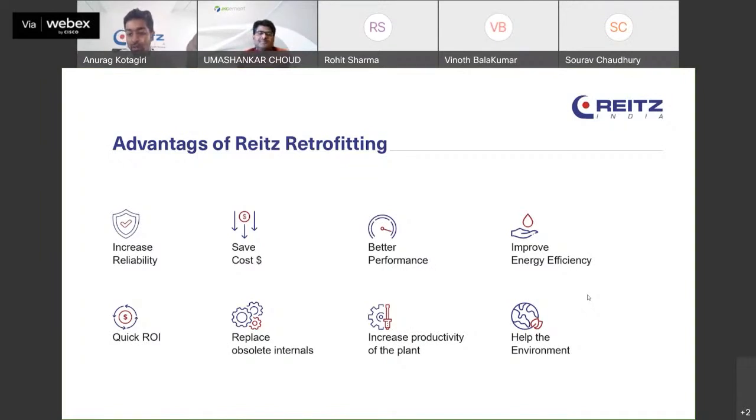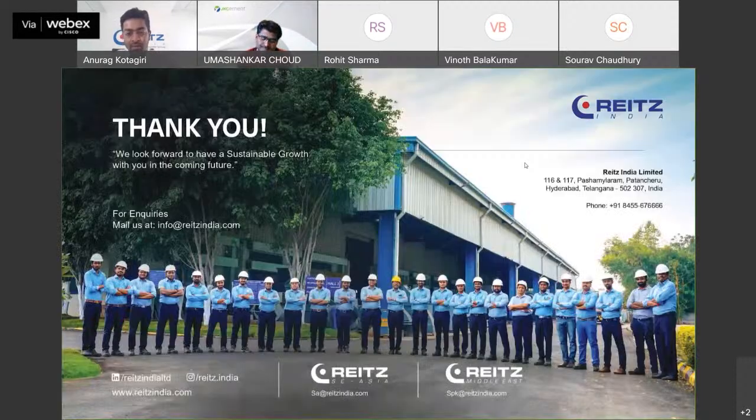We are contributing to increasing the productivity of the plant, and being in Hyderabad and boasting 2 facilities, we are able to give you a quicker CTD than the norm in the industry. Thank you, gentlemen. I ran through it at a decent pace. If you have any questions, please shoot.